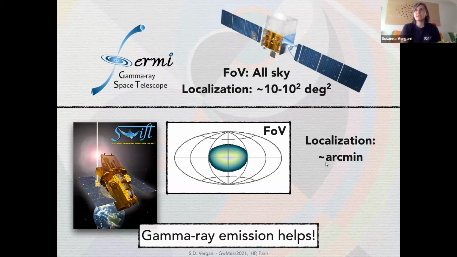In case there is a gamma ray emission from the electromagnetic counterpart, and it is bright enough that one of the two satellites can detect it, the gamma ray emission really helps, because in case of large sky map regions, it gives a better localization of the event.